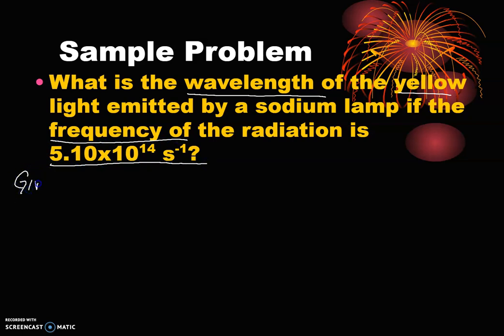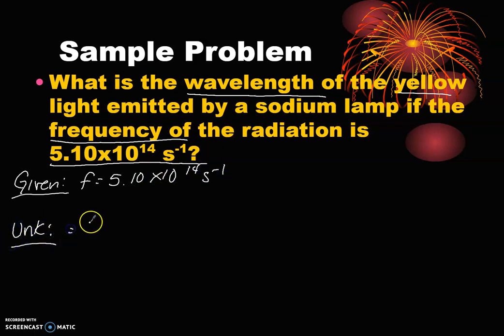So what is given to us? We are given that the frequency is equal to 5.10 times 10 to the 14th reciprocal seconds. We are looking for the wavelength, and the parent equation that I use to solve between the two is going to be C equals F times lambda.